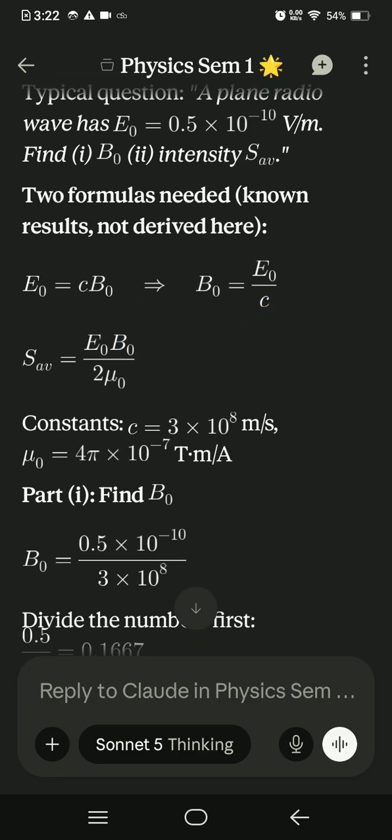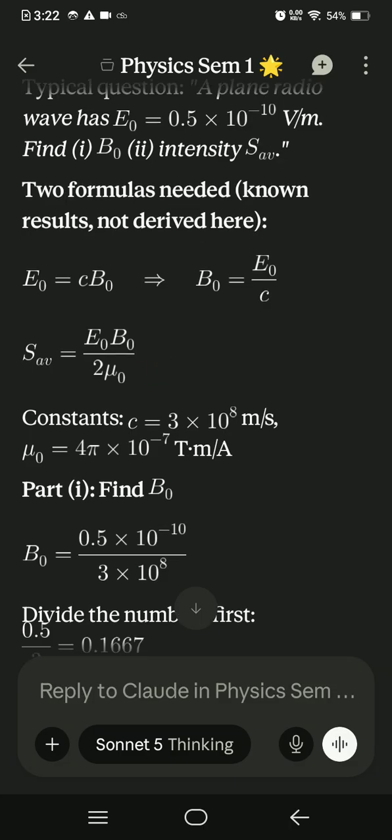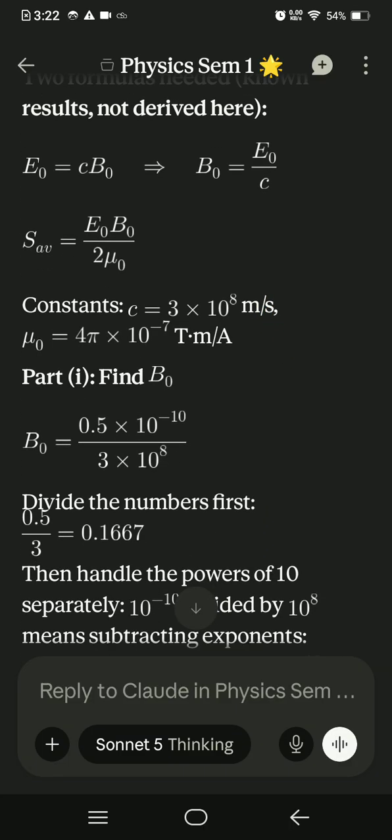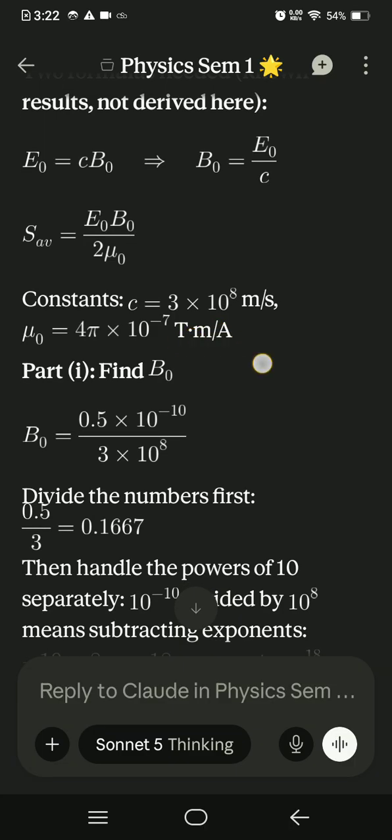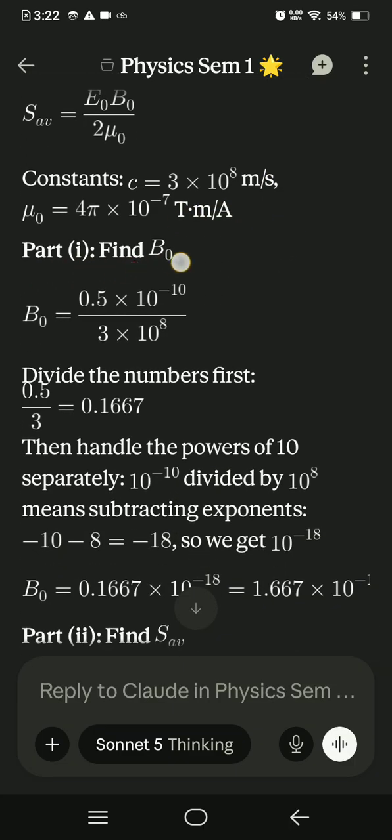So these are other things that we need to memorize. A lot of memorization in this topic. Constants: c is the speed of light, and mu naught is 4 pi times 10 to the power minus 7 T m per A, whatever this quantity is. I don't know what this T is. Is it meter per ampere?